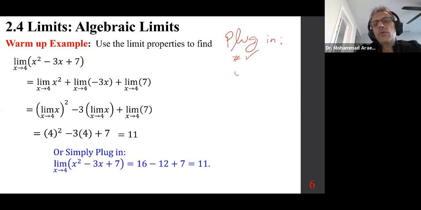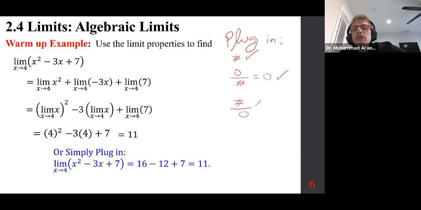If you get 0 over some number, and when we say some number, anything other than 0, so 0 over any number other than 0, we are done. If you have a number, any number other than 0, over 0, when you divide any number by 0, ultimately it goes to infinity.